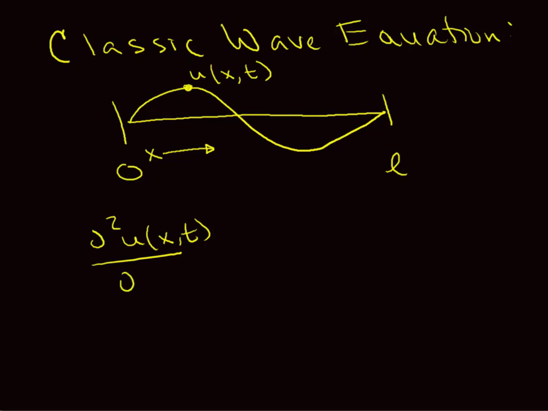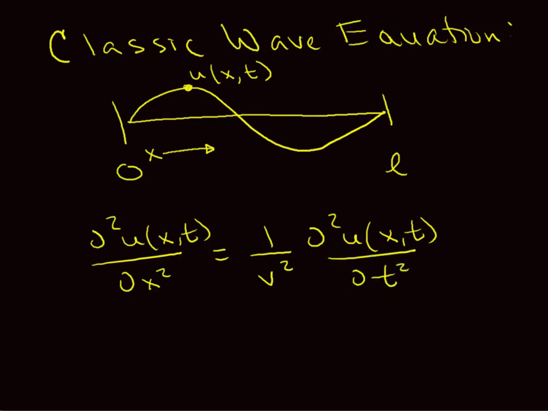And so we're going to have our partial differential equation with respect to position equal to 1 over the velocity of the wave squared, then a partial differential with respect to time as well.